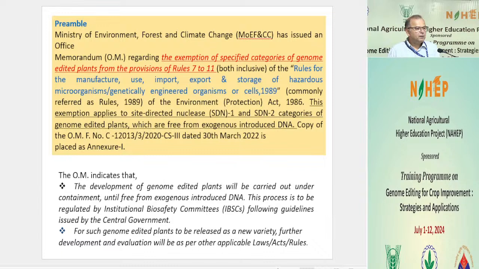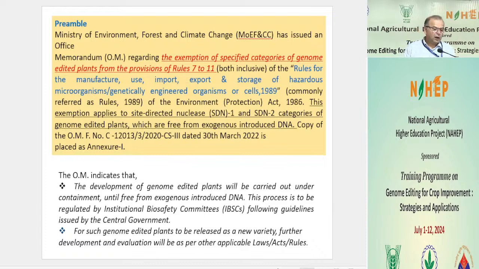The way a traditionally bred variety is handled for evaluation before release to the farmers, in the same way it will be handled once you prove that it is free from exogenous DNA, and that certification will be given by the Institutional Biosafety Committee, IBSC. They will analyze and they will give you the certification.